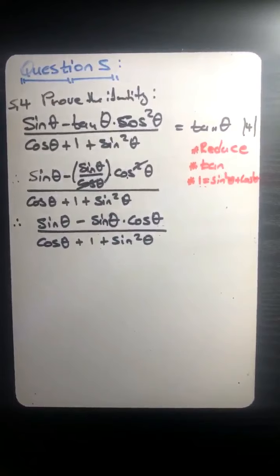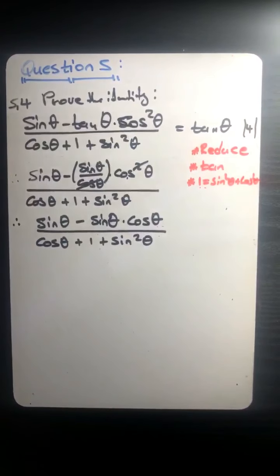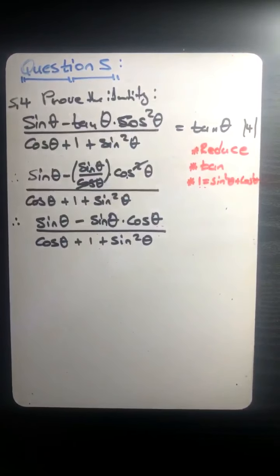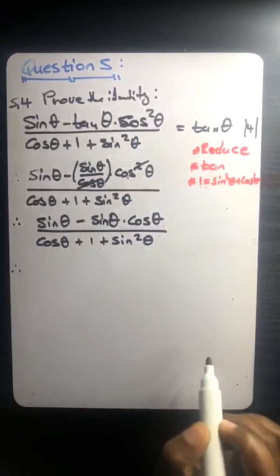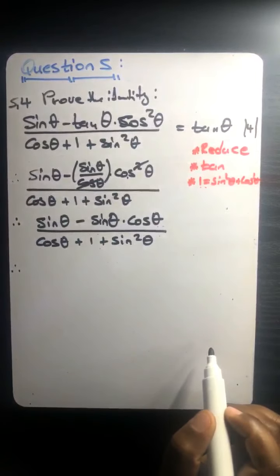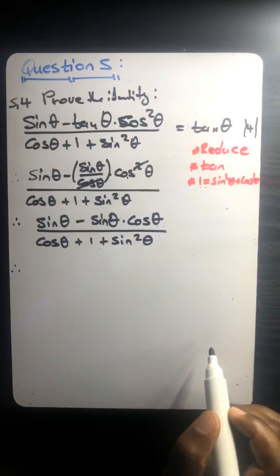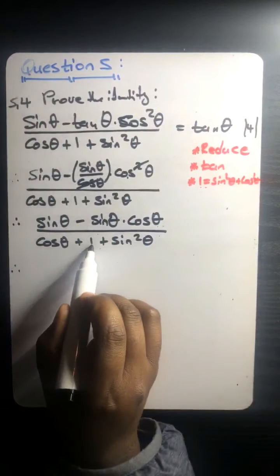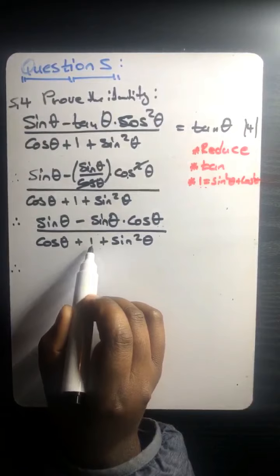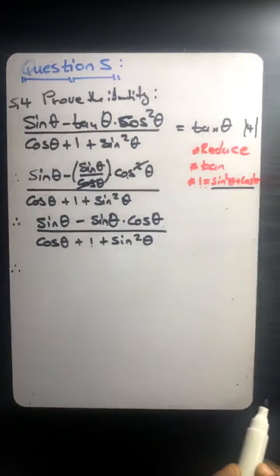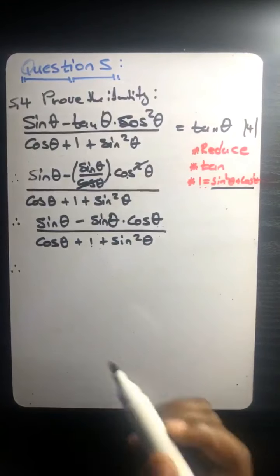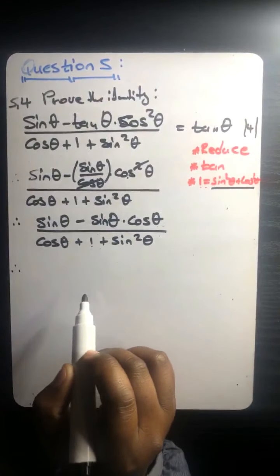I'm understanding so far. Okay, so now let's try to move on. What else can we do? It seems like we might need to try and substitute this one with all of that and see what we can end up with. Let's give it a try and see how far we can go with that.